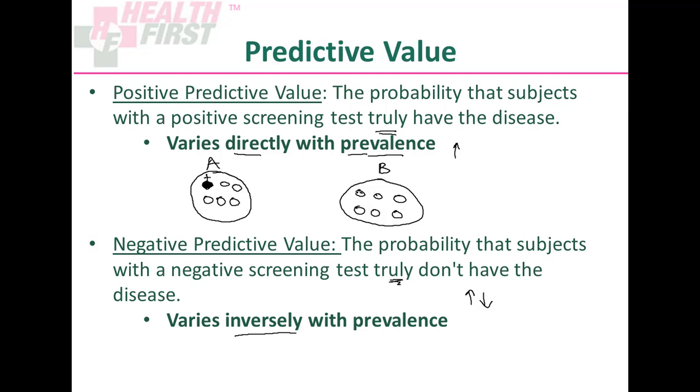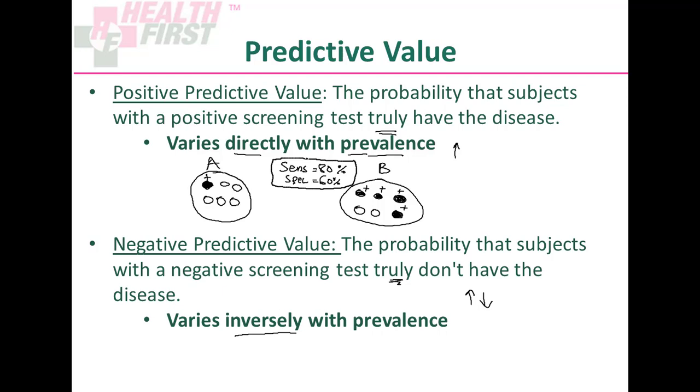And in population B, you have many more individuals with the disease of interest, right? Let's say four individuals who are positive, or who truly have that disease, right? So if you were to run a screening test with a sensitivity of 80% and a specificity of 60% between these two populations, these numbers wouldn't change.